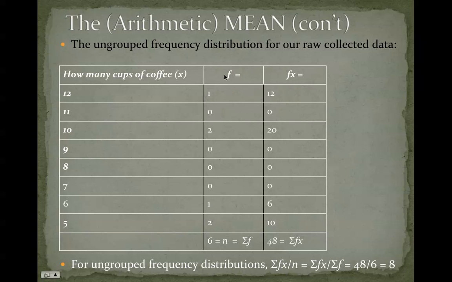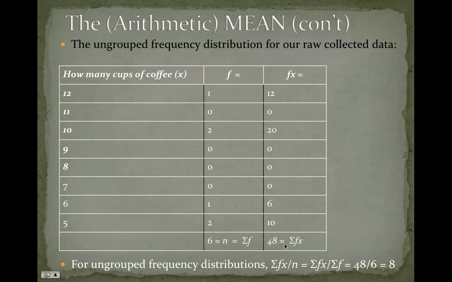It's very simple arithmetic. Now I have Fx, and if it's done correctly, it should add up to the total number of cups of coffee that you had in your raw data: 12 plus 20 plus 6 plus 10 equals 48.